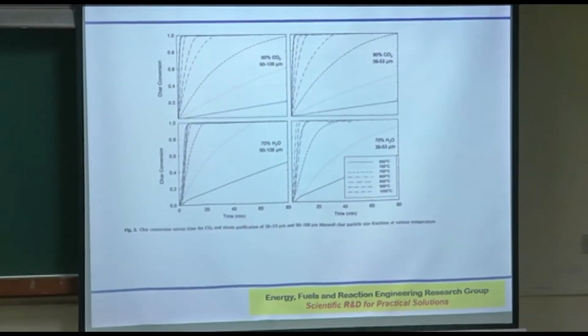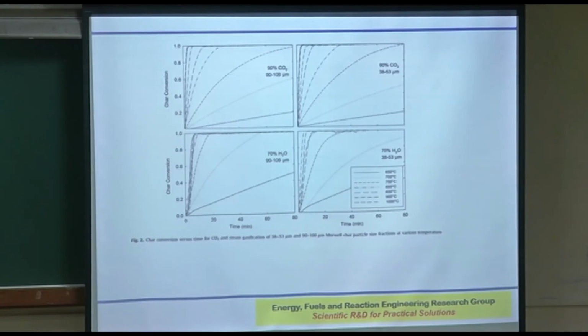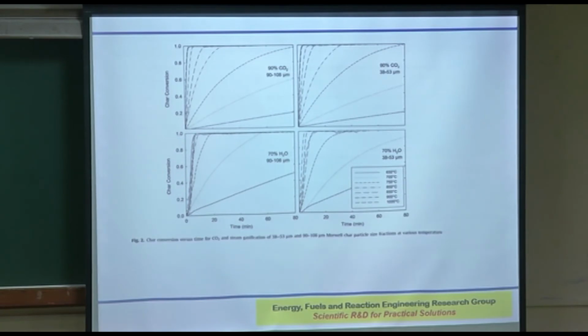So in the fluidized bed gasifier, you need to put steam to control the temperature, but also it helps in the gasification because it makes everything faster. Right? But steam comes at a cost. And then what can you do?